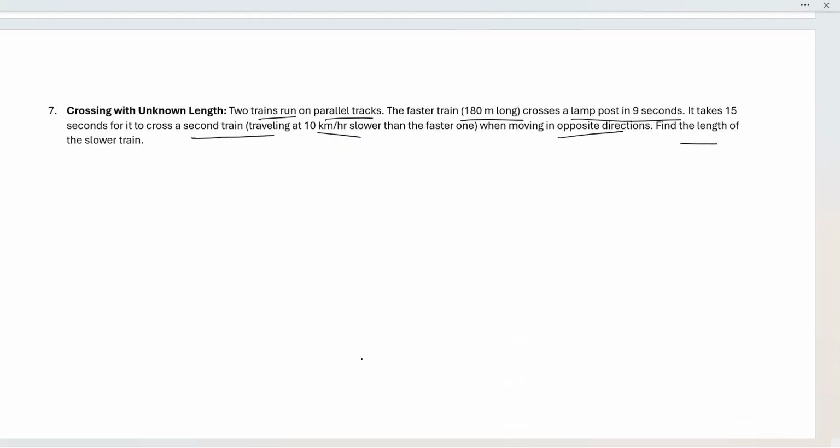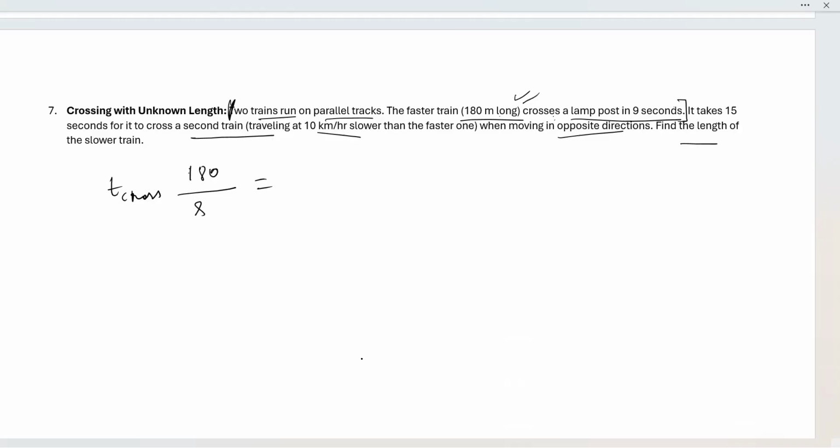So let's just focus first over here, this part. We don't know the speed of the faster train, so we need to find that speed from this information. So how do we find it? Since the train is crossing the lamp post, which is stationary, in 9 seconds, and the length of the train is also given, we can use the concept and apply the formula. So this becomes the length of the faster train, which is 180 meters, upon the speed at which it travels, let it be s, equals the time taken to cross, t cross.